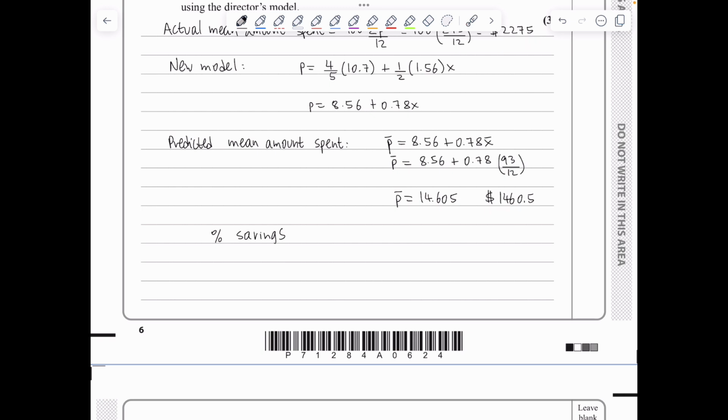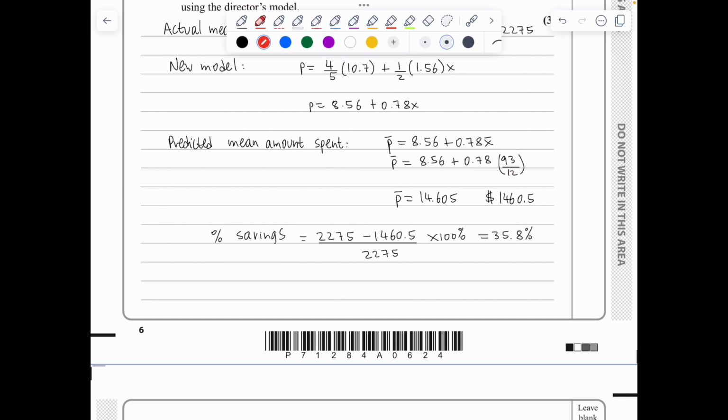So the percentage saving is 2275 minus 1,460.5 divided by the 2275, which was the original, times 100%, which gives an answer of 35.8%. The examiner here is accepting anything which rounds to 36%.